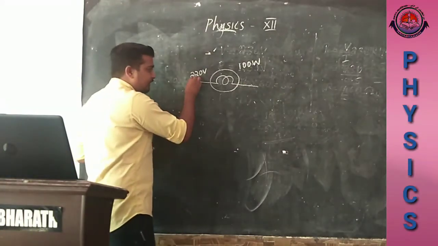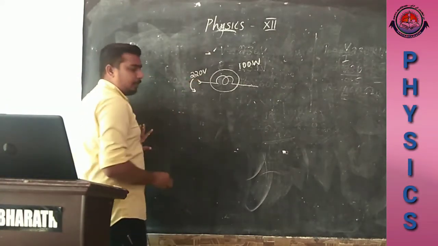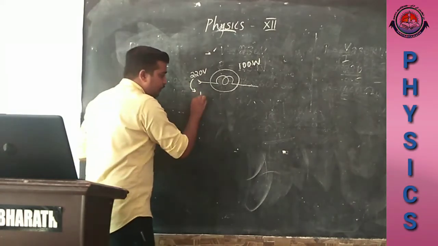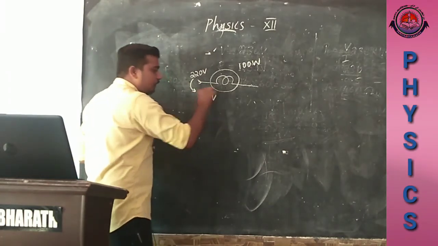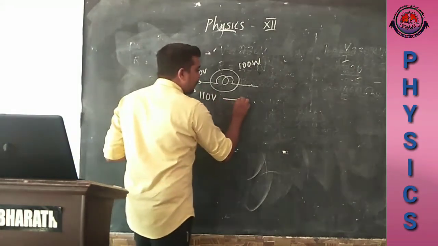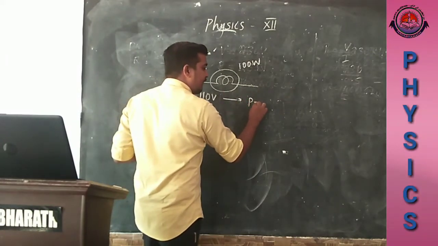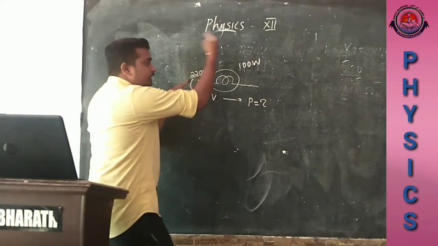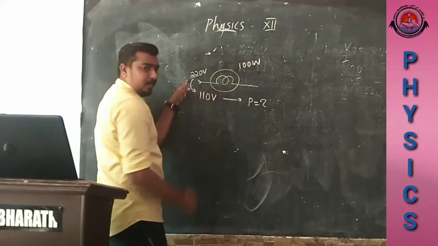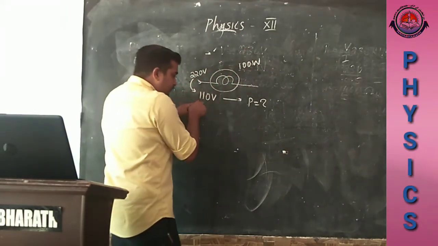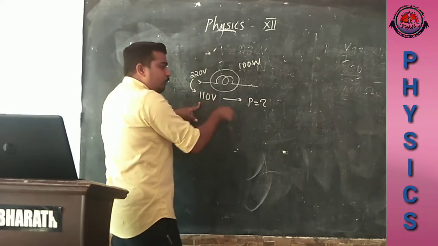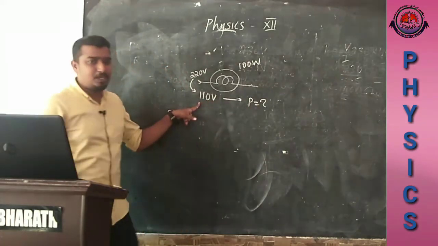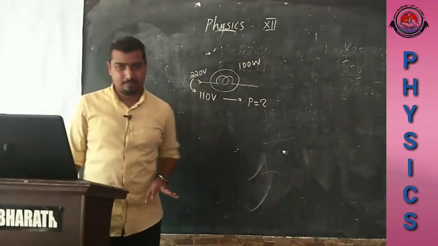That means the 220 volt supply is changed into 110 volt. At that time, what is the power of the electric bulb? At 220 volt, the power is 100 watt, and at 110 volt, what is the power of the electric bulb? That is the question.